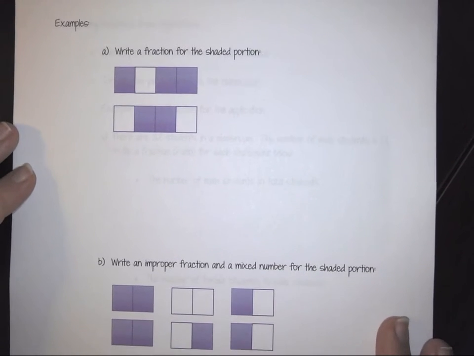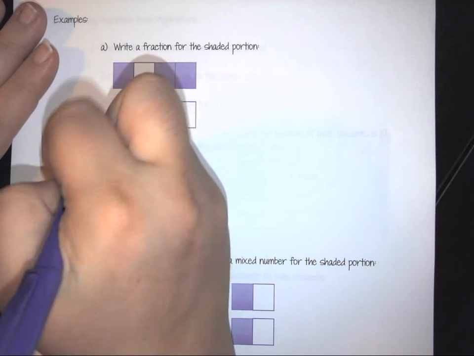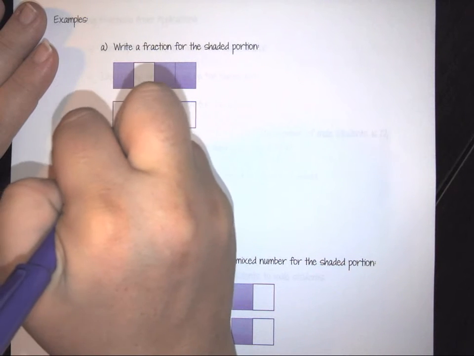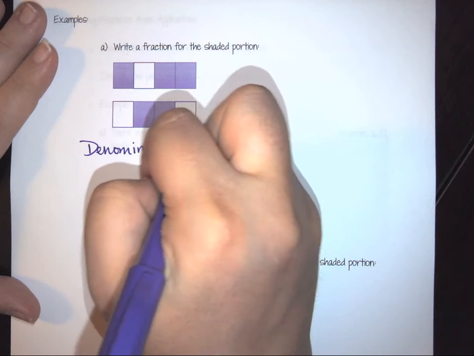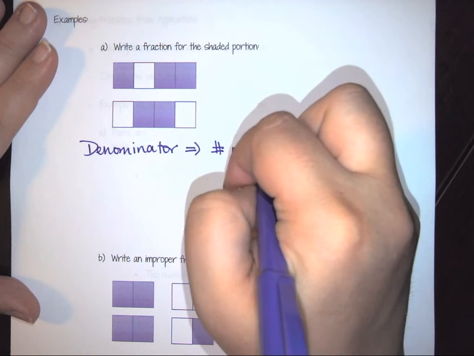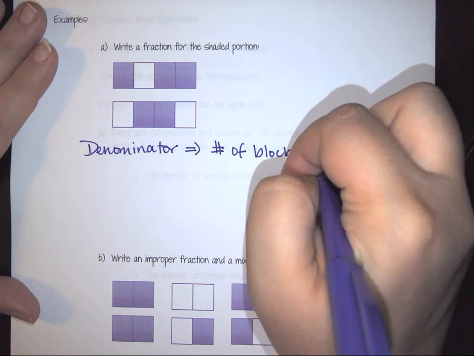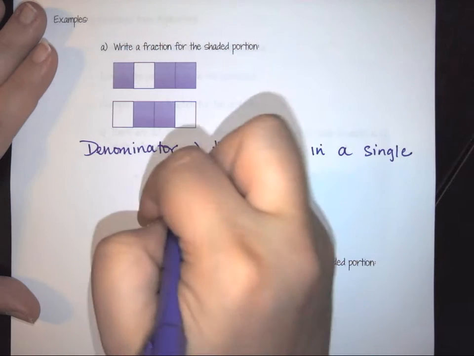So here for the first one, it says we need to write a fraction for the shaded portion. Okay, so in order to do that, we need to look very carefully at how our definitions are going to apply. So first and foremost, your denominator is going to be the number of blocks in a single row.